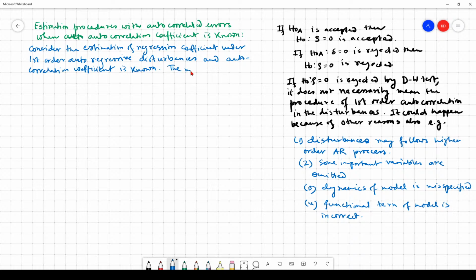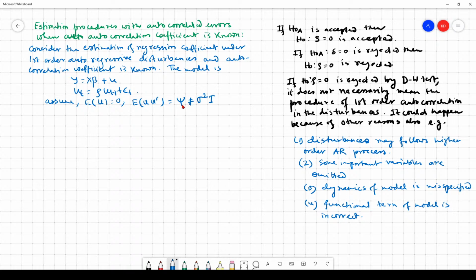The model is y equal to X beta plus u, u_t equal to rho u_{t-1} plus epsilon_t. Assume E(u) equal to 0, E(uu') equal to psi, which is not equal to sigma square identity matrix.